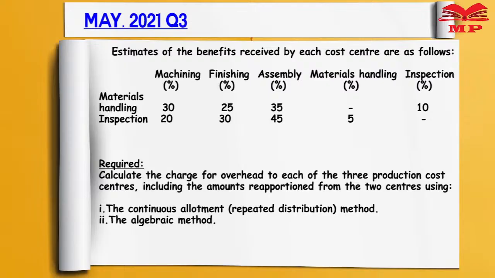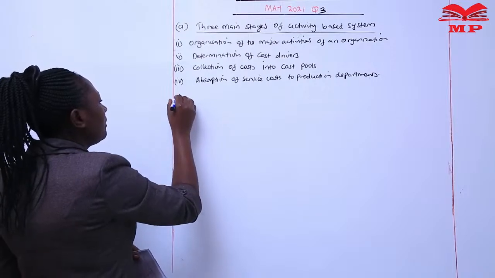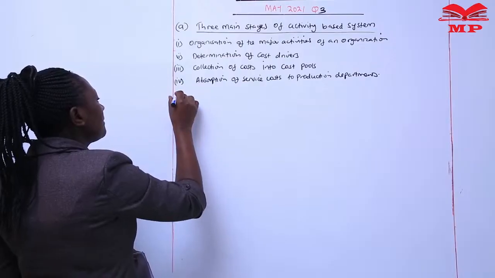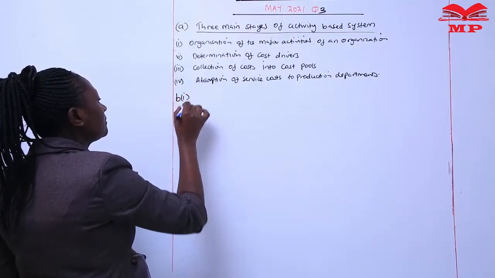They required calculate the charge for overhead to each of the three production cost centers, including the amounts reapportioned from the two service centers using Roman 1, the continuous allotment, in brackets, repeated distribution method. So we want to begin with the Roman 1. This is part B, Roman 1.